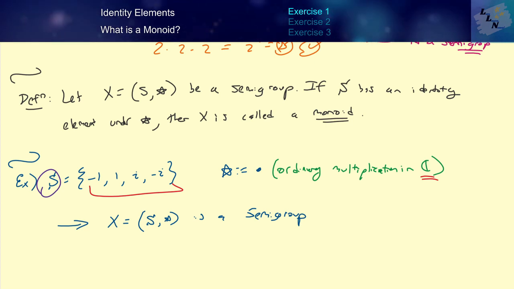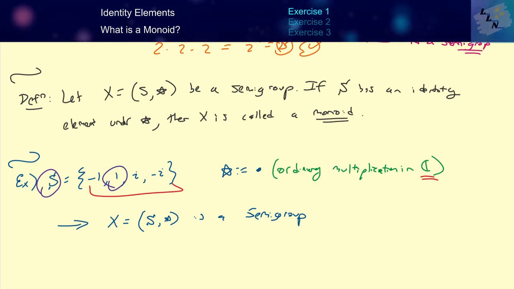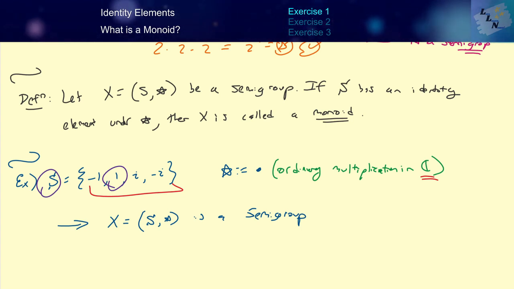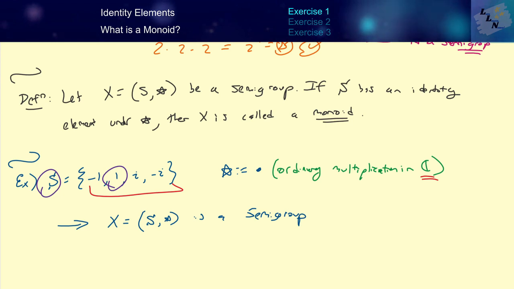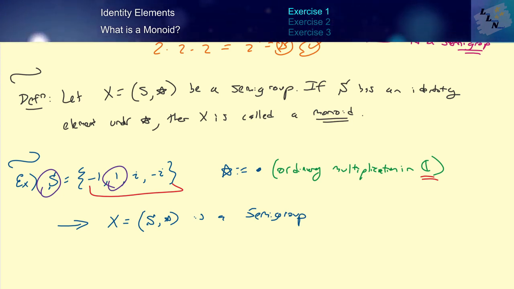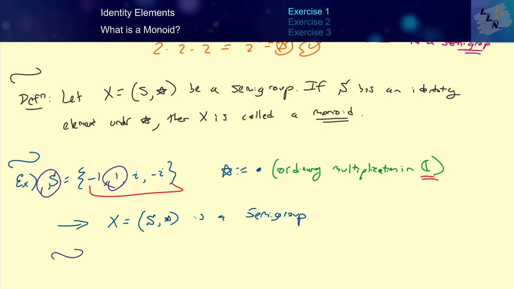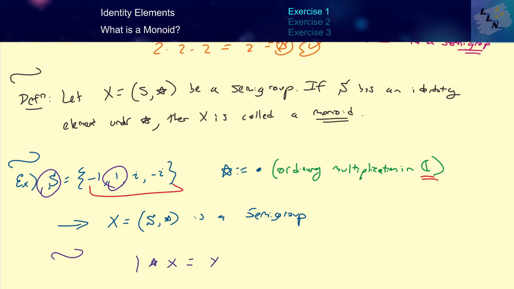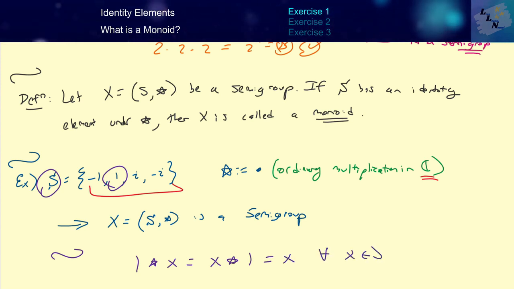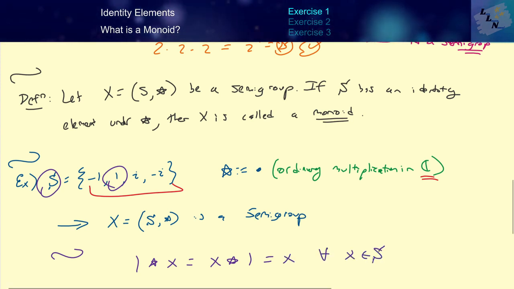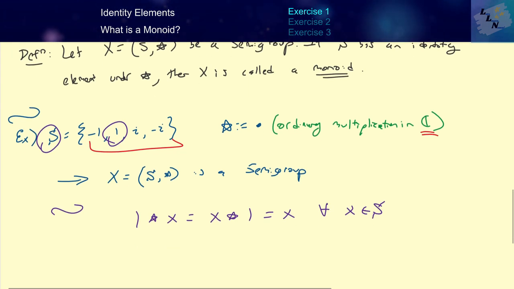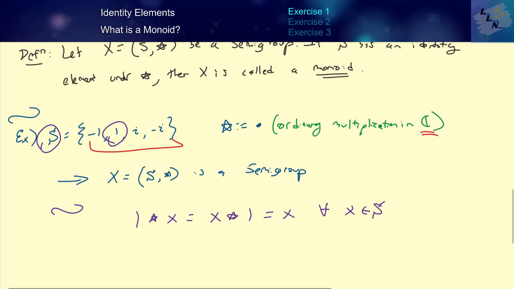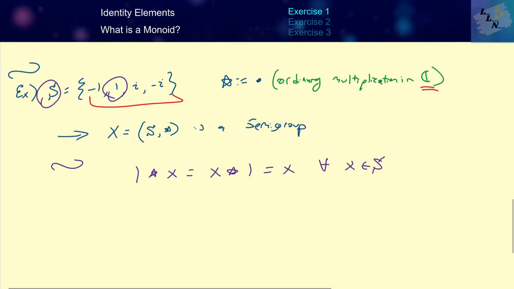And you might be able to guess, well, we're under standard multiplication, so 1, which is the multiplicative identity for C, should be the multiplicative identity for this particular set S. And you should be able to verify that 1 star X is equal to X star 1 is equal to X, and this is going to be true for all X in S, right? So you should be able to verify that that is the case for all 4 values in this particular set.